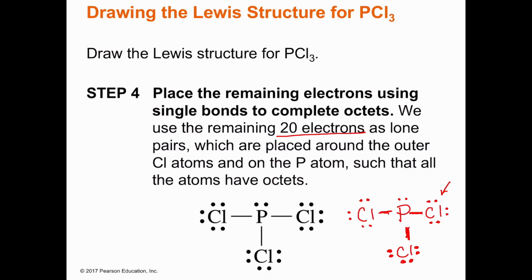The chlorine on the left has 2, 4, 6, 8. And the phosphorus in the middle has 2, 4, 6, 8. So all of the atoms have an octet. That means this is a good Lewis structure. This is correct. This is the thought process you'll have to go through when you're drawing these Lewis structures. Again, I'm going to do lots of examples.